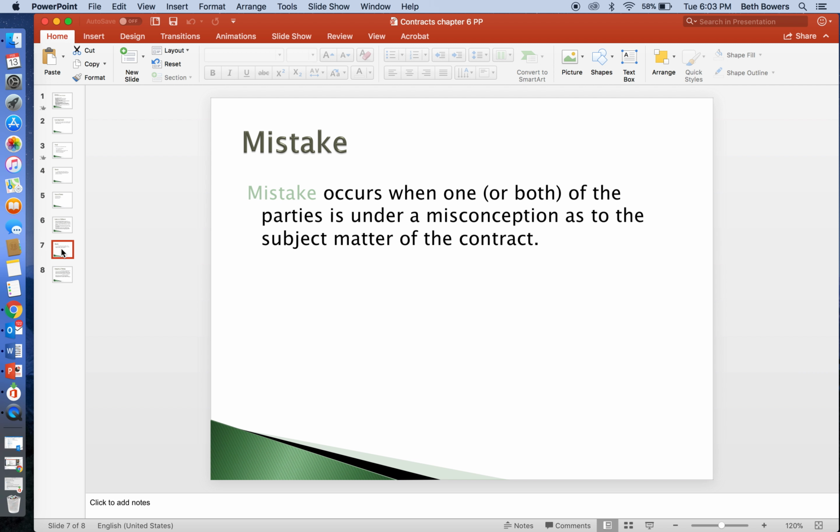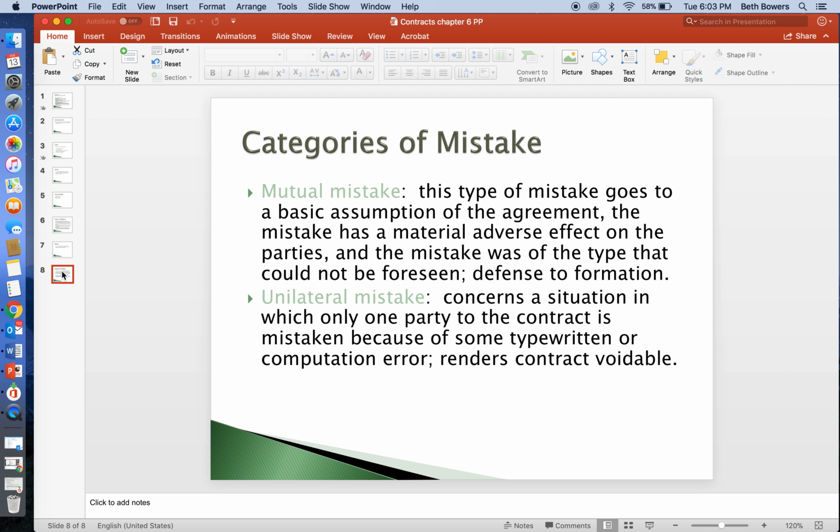And the final concept is mistake. It starts on page 133 of your book. A mistake occurs when one or both of the parties is under a misconception as to the subject matter of the contract. So we have 2 categories: mutual mistake and unilateral mistake.